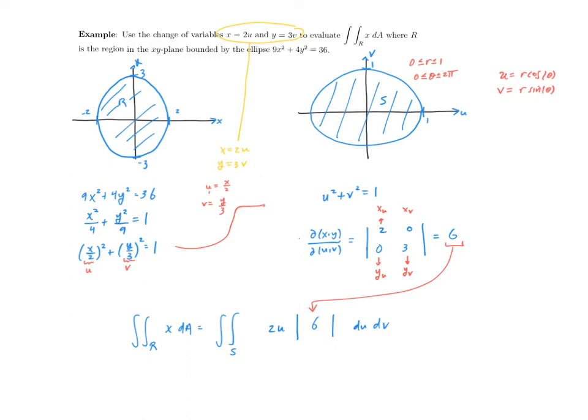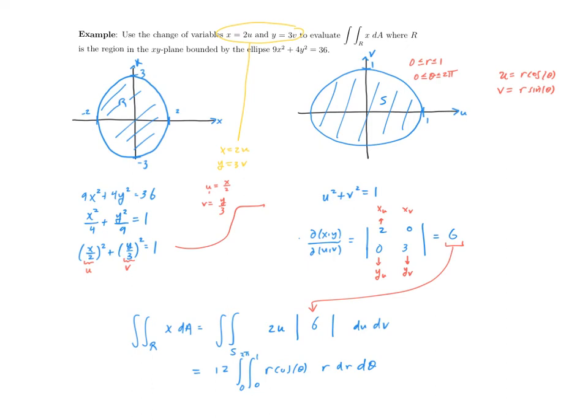So converting now into polar coordinates, we have a 2 times 6, which is a 12, which we can pull out front. u is r cosine theta, and du dv, remember, is r dr d theta. The r values on the inside from 0 to 1, the theta values on the outside from 0 to 2 pi.